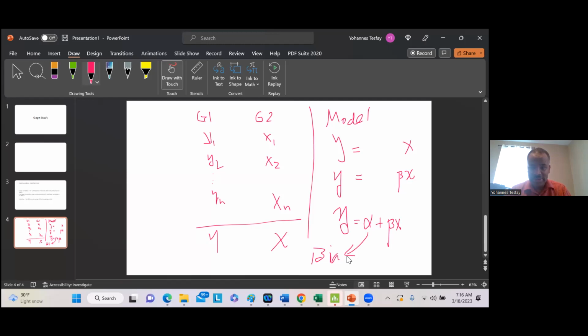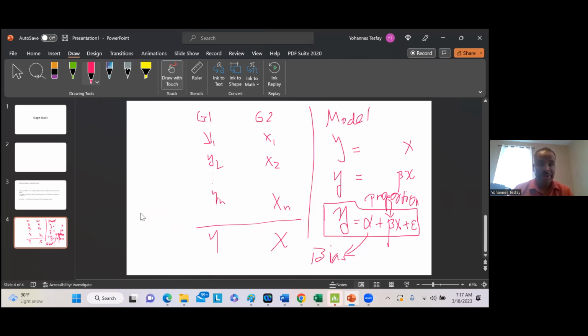Match. And this is not always true because the measurement itself has different factors. So this model is the best model to do concordance, the gauge concordance study.